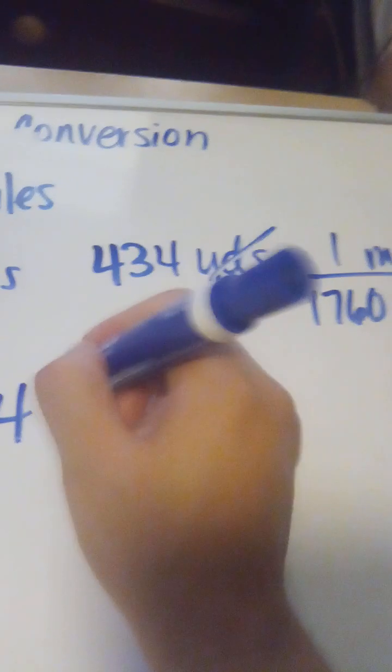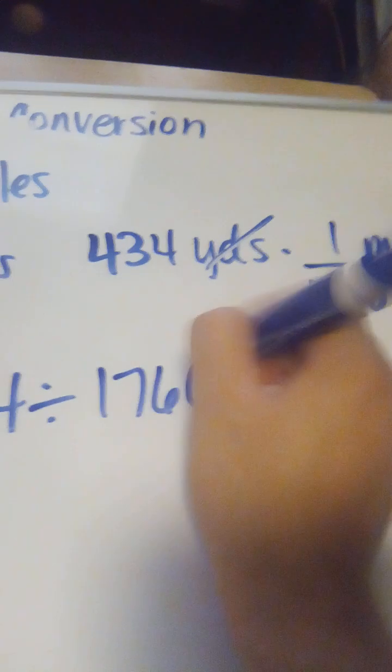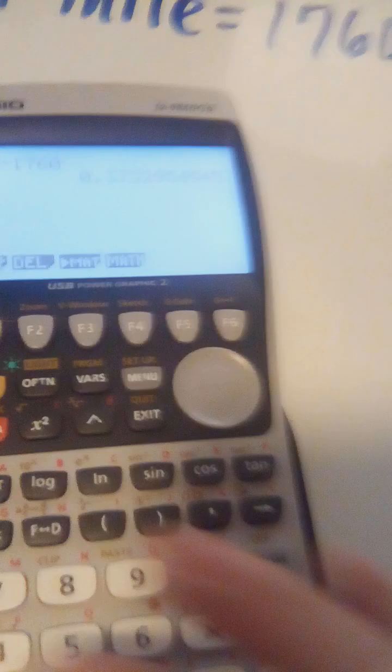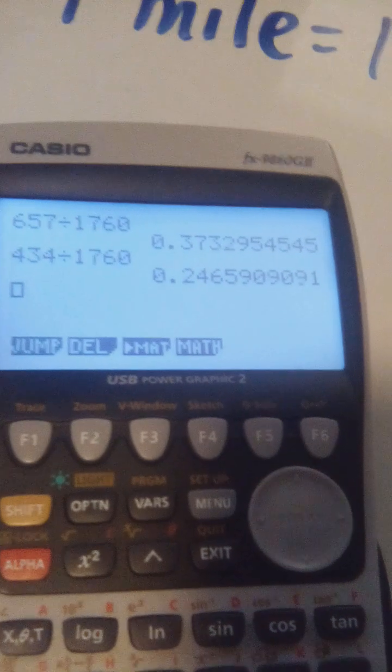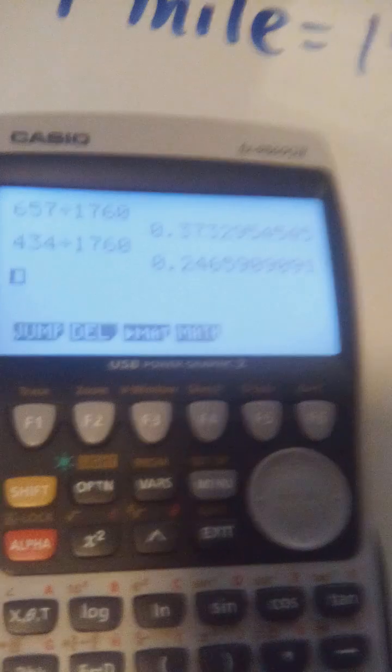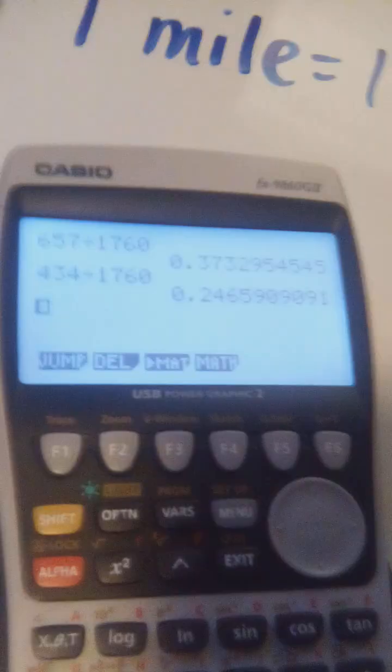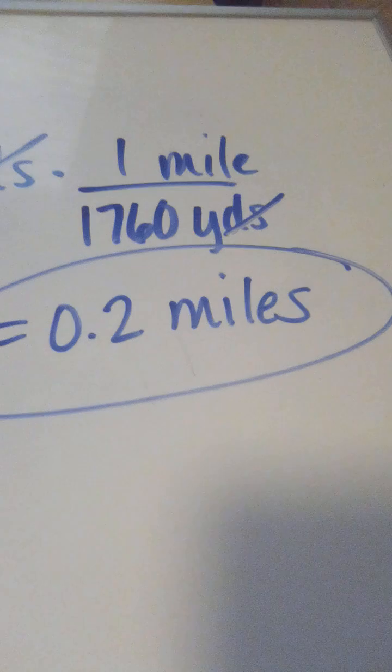You can check on your calculator. .24, so the answer will be 0.2. That's our final answer. So that's our final answer for 6B.